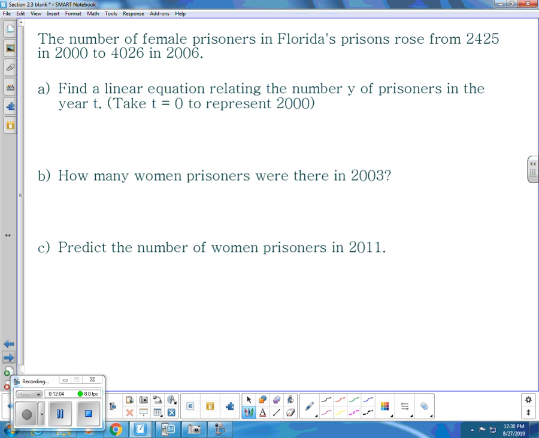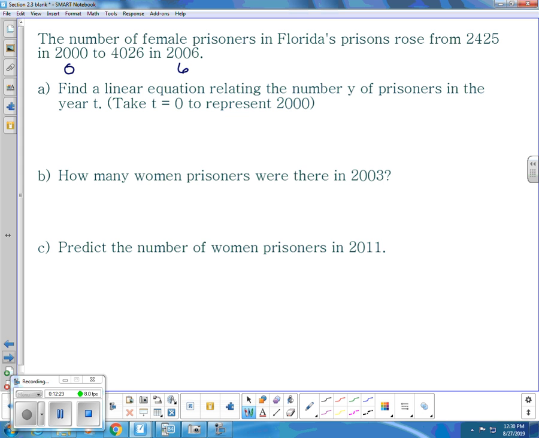So how are we going to do this? I'm looking for the slope. We have two things. Can we write the two things as points? Yeah. Okay. So they're telling you to make 2000 a 0. That means 2006 is a 6.